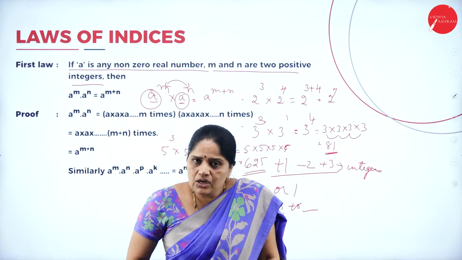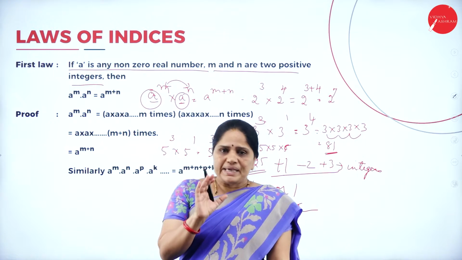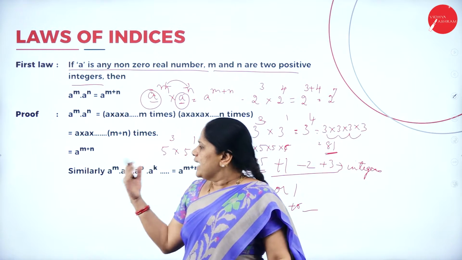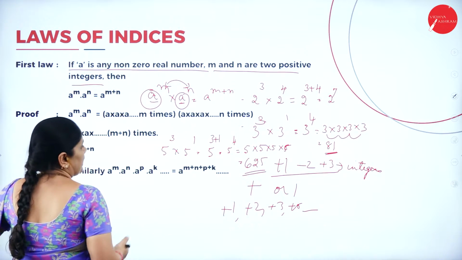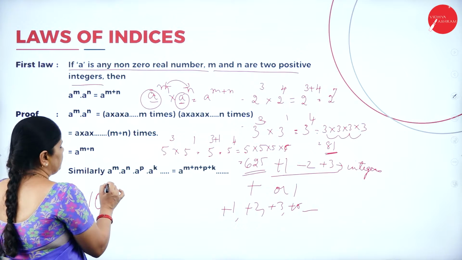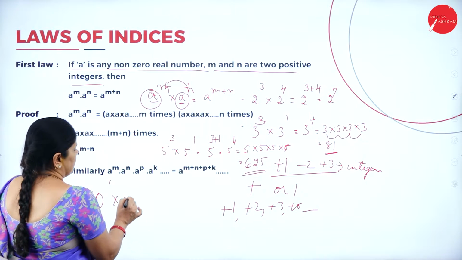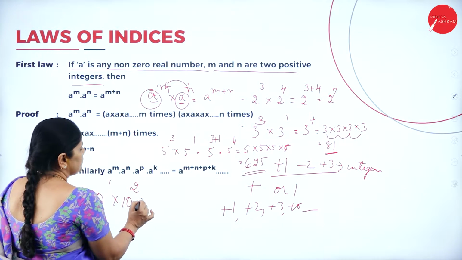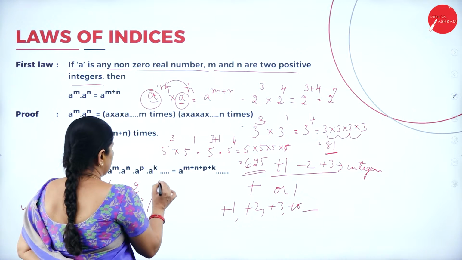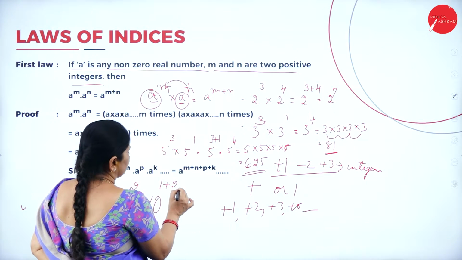Now, what does the first law of indices tell us? When the bases are same, the powers can be added. Any number for that matter you can take. Suppose I write 10 to the power of 1 into 10 to the power 2. What will be the answer? 10 to the power of 1 plus 2.